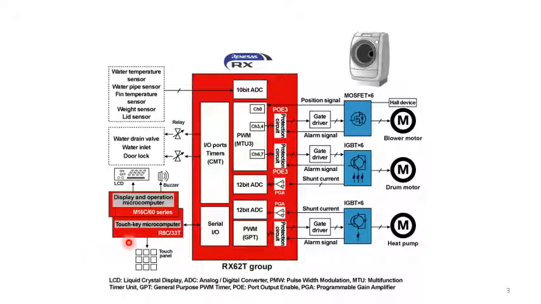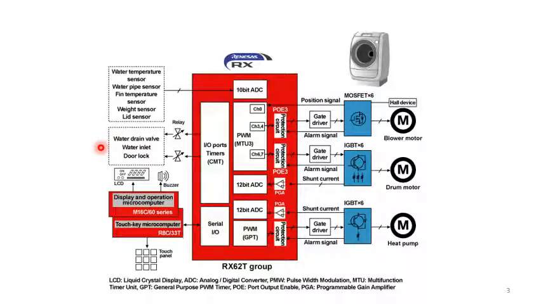For input we have the input panel, that is the input output ports, through which we use this touch panel. From the touch panel, the touch key microcomputer gives the signal to the input ports, and we also have various sensors.